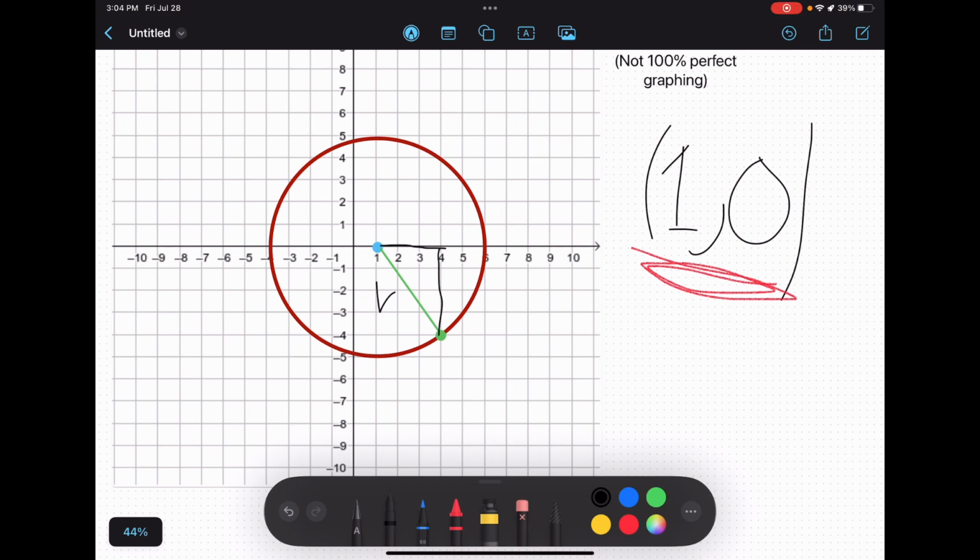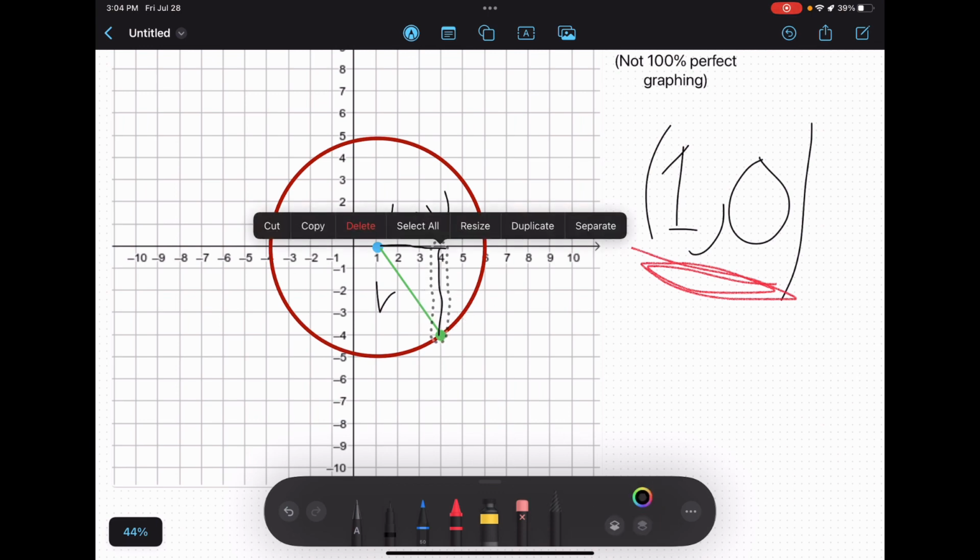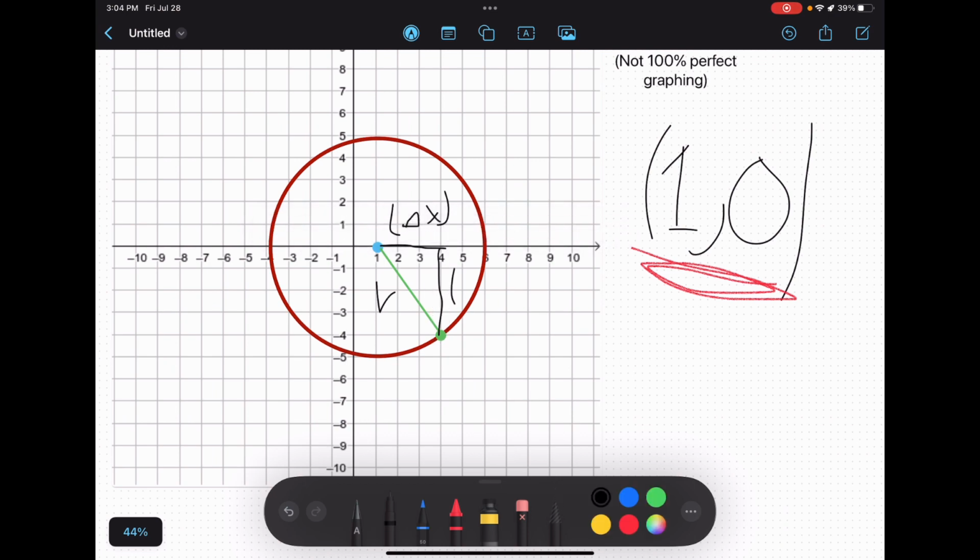This line first, right here, will represent our change in x. And this line right here will represent our change in y.